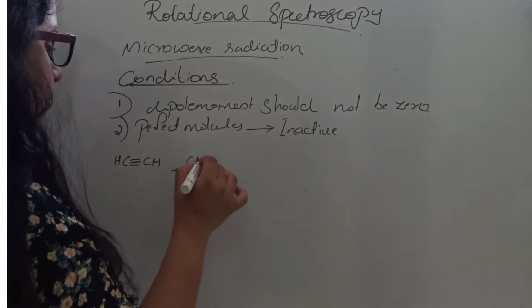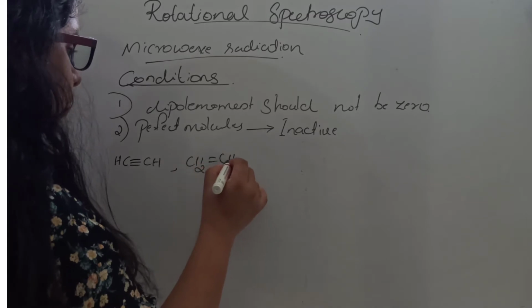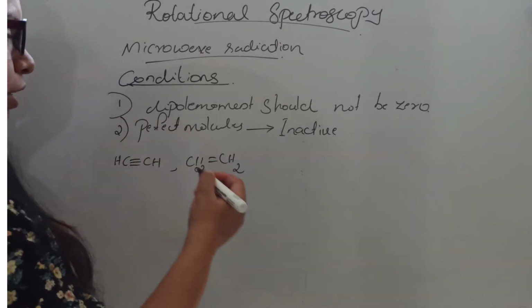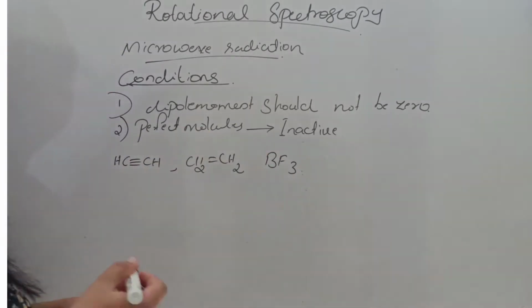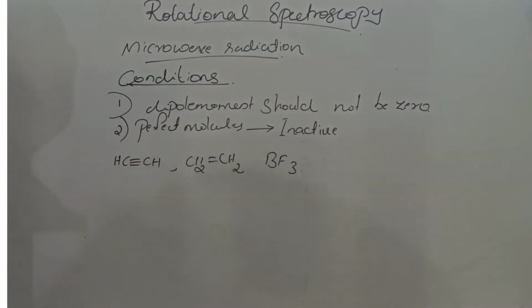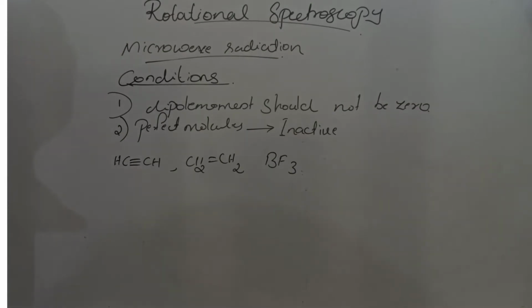Ethyne, ethylene, etc., and I have written here BF3, these molecules are rotationally inactive. Now, what is a perfect molecule?